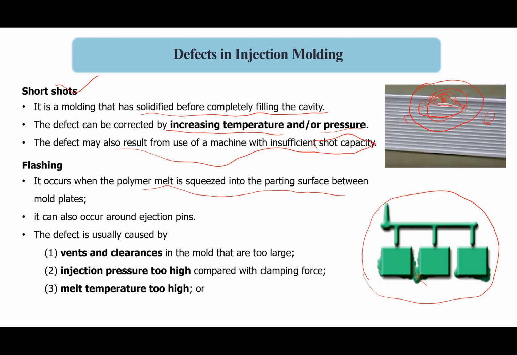A mold that is rejected by a good company is sold to small business people, and they produce the product using that mold. And the mold, with its fixed die and moving die, does not have a proper clamping method, and that is why the material comes out.